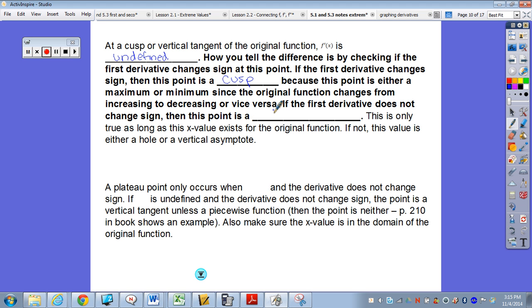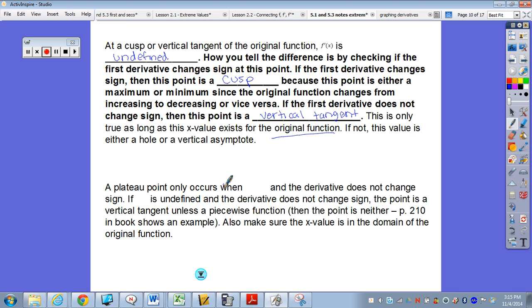If the first derivative does not change sign, then this point is a vertical tangent. And again, this is only true as long as the x value exists for the original function. If not, this value is going to be a hole or vertical asymptote because it's not in the domain.